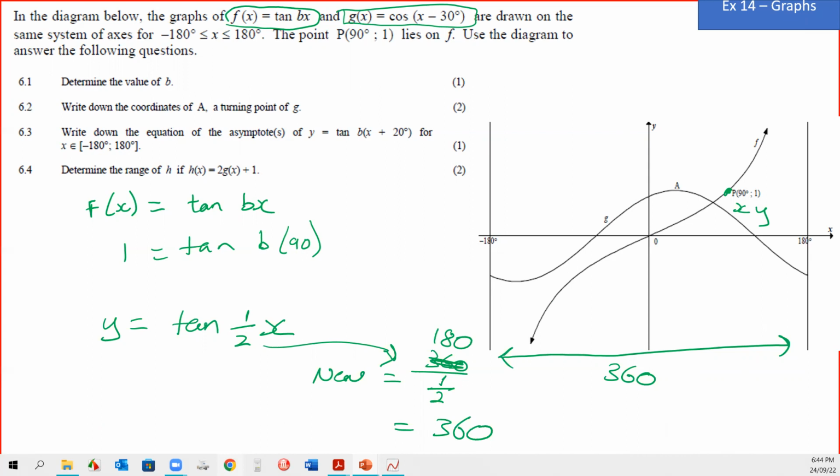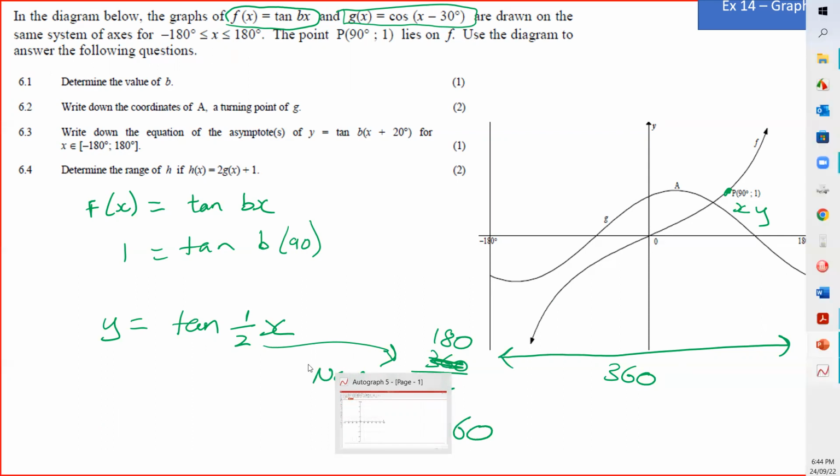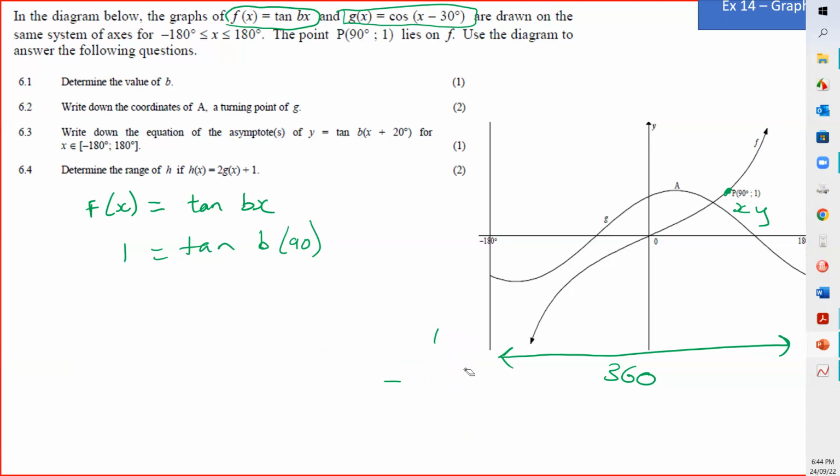One guy is saying he's confused. One says he understands. So let's just go through that very quickly again, just to clarify any doubts. Just want to get my eraser out. Okay.